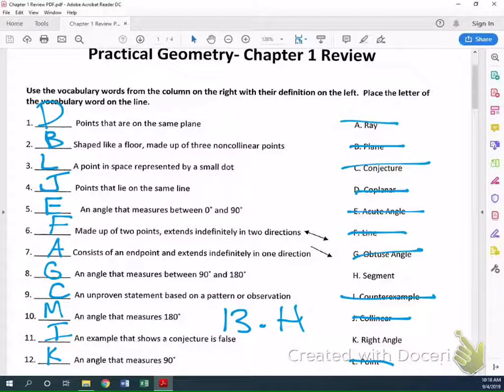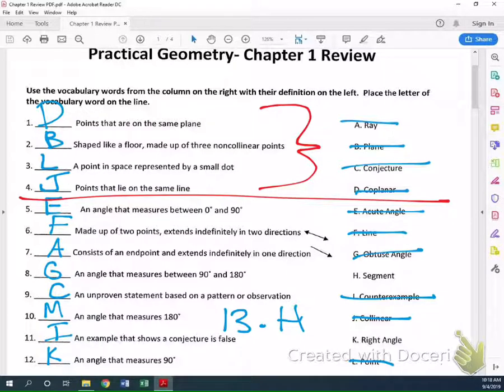Now, real quick, on most assessments, meaning quizzes and tests, we don't give you the vocab in one big giant section. You'll see lines that break it up. Like if there's a line here, that means that only the first 4 letters would go here.